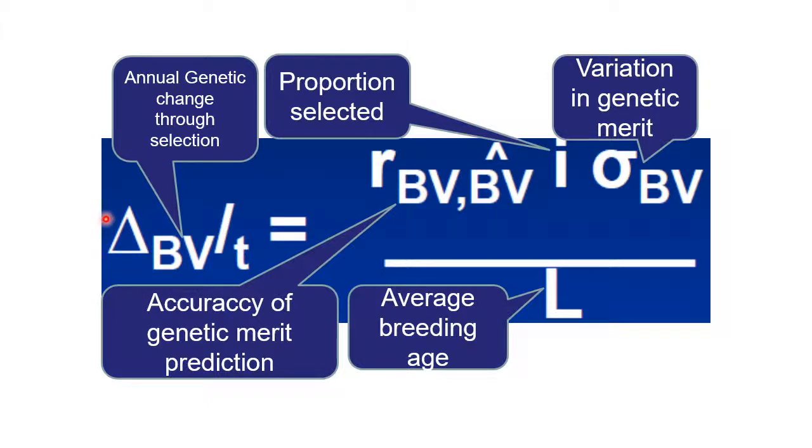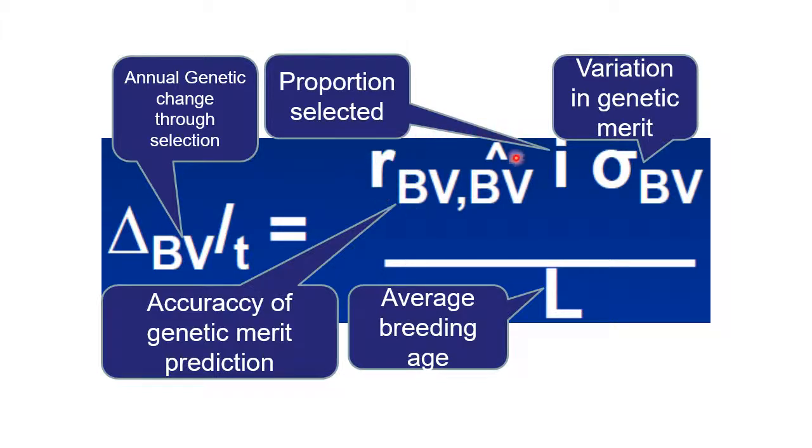So you are selecting for specific traits, a group of traits, and your progress, delta BV, or the change in the breeding values over time, equals the accuracy of your breeding value prediction or your genetic merit prediction, how accurately you predict, based on your BLUP models or other models, the additive value or breeding value of a specific animal.